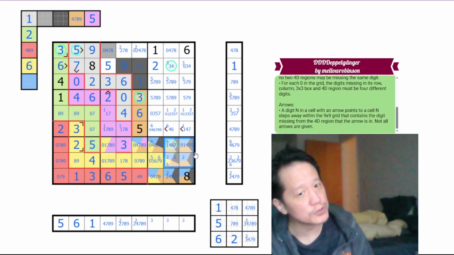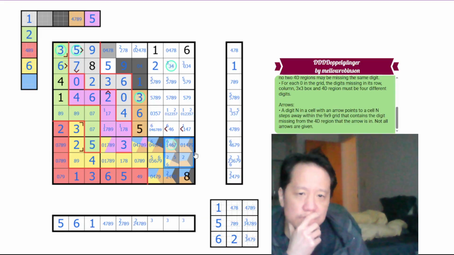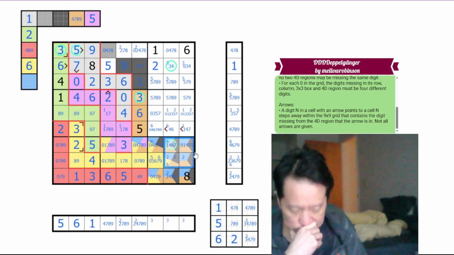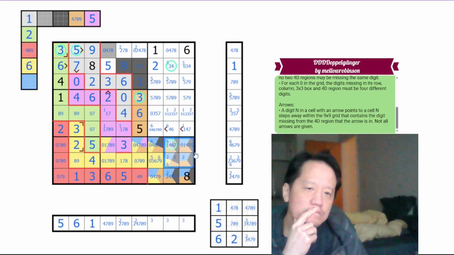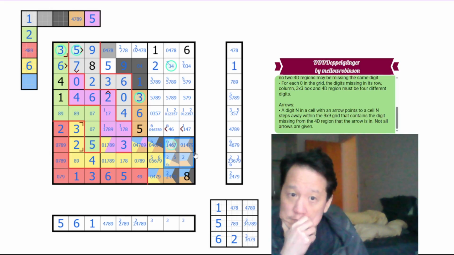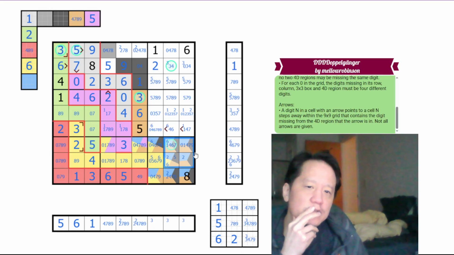Every region has to have a 2 also. Every other region needs a 5 and a 6. And a 6. Oh, that's interesting.